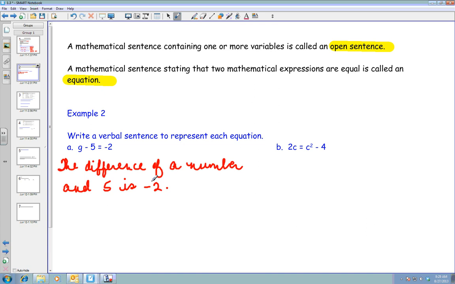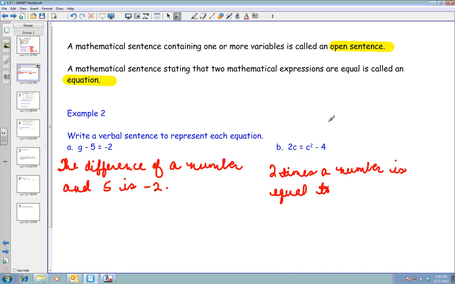Okay, let's look at b. 2c equals c squared minus 4. So on this one, I could say 2 times a number is, and you can go ahead and say is equal to if you want.